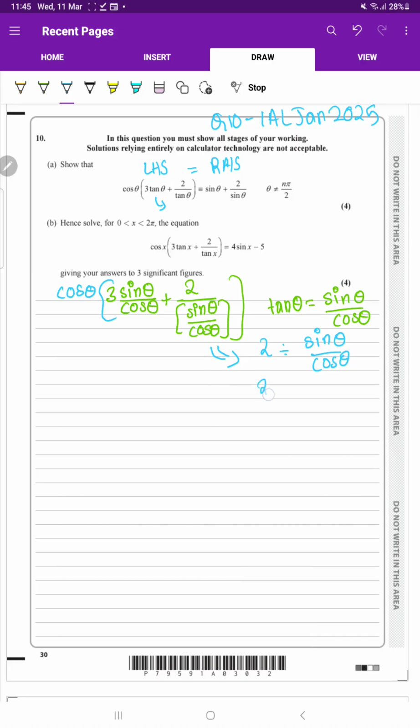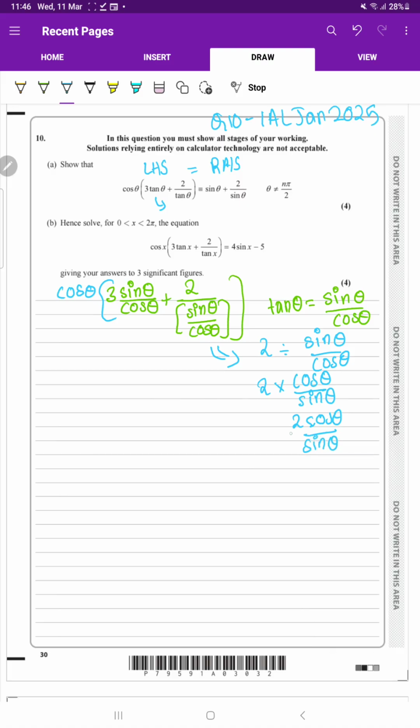Now what you have to do is keep, flip and change. When you multiply, it goes the other way around, so it becomes 2 cos theta over sin theta.